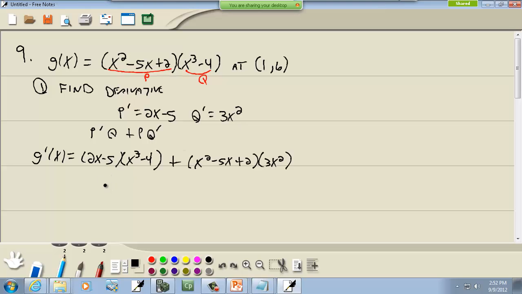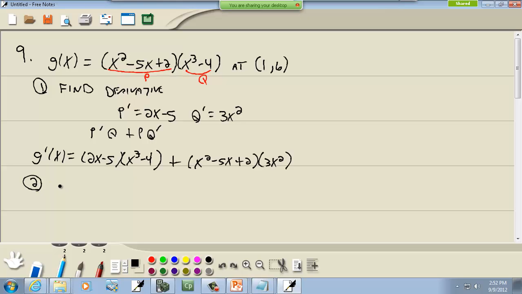Now, if we wanted to, we could simplify this: get rid of parentheses, combine like terms. But for this particular problem, I know what I need is the slope.